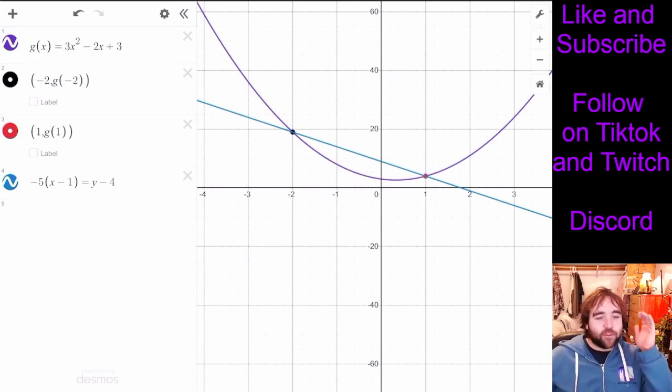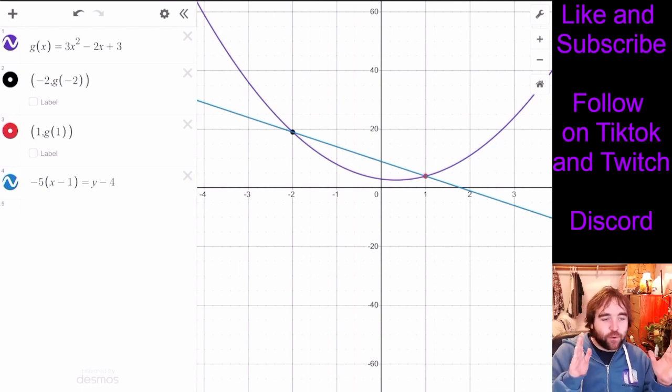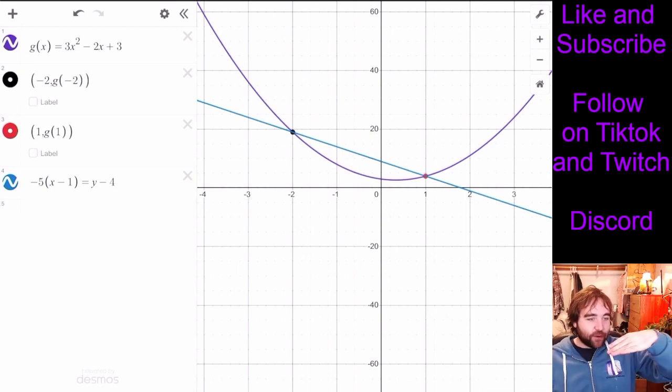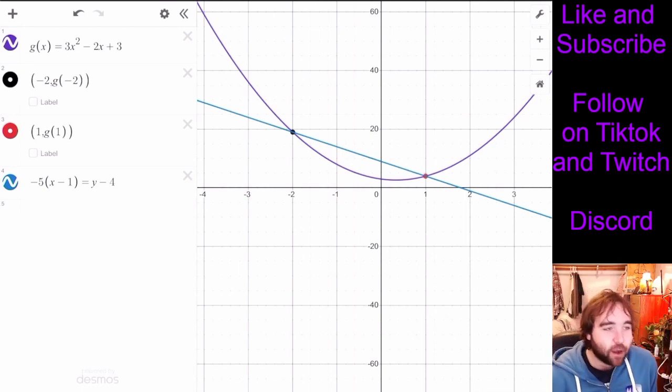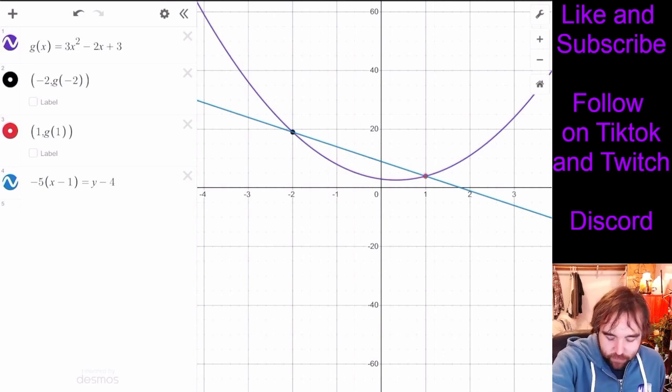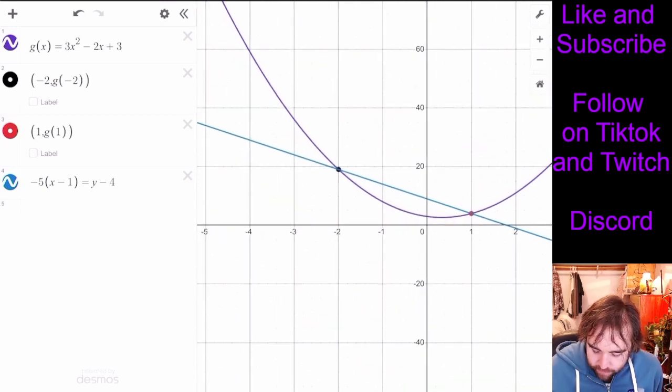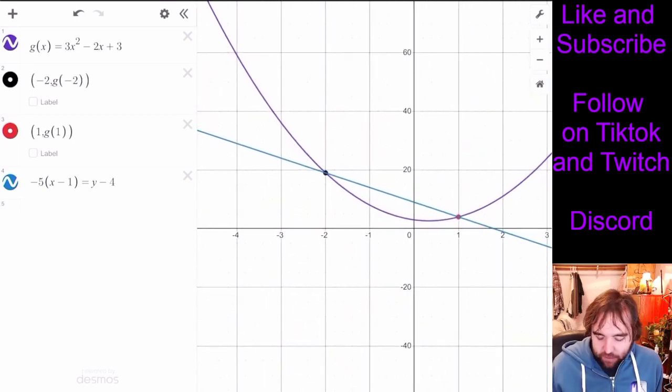So there we go. We said we wanted to find the average rate of change between -2 and 1. Then we use that average rate of change to write the slope of that line. So that's pretty cool. That's really everything we need to talk about in this section. But while we're here, I want to give a little preview of the coming up video this weekend of how to make a nice little visualizer for calculus on Desmos.